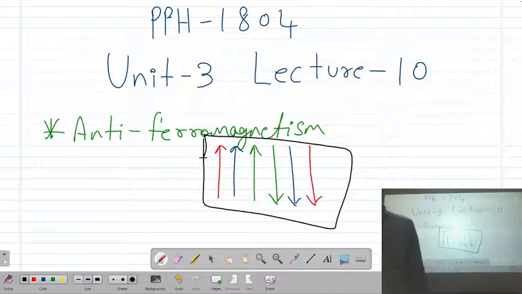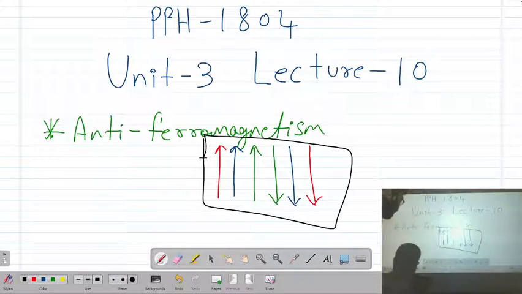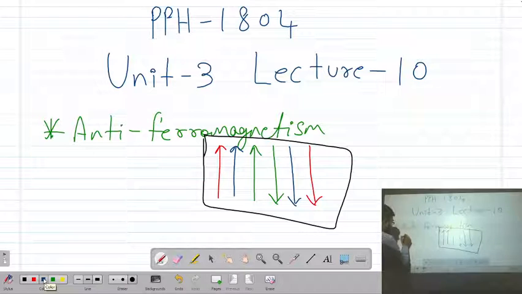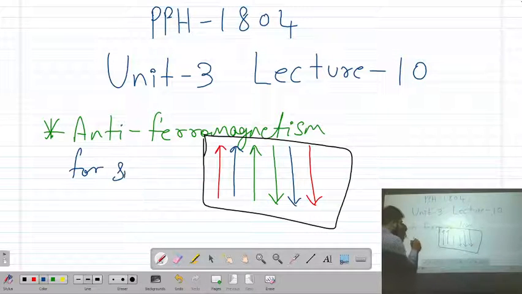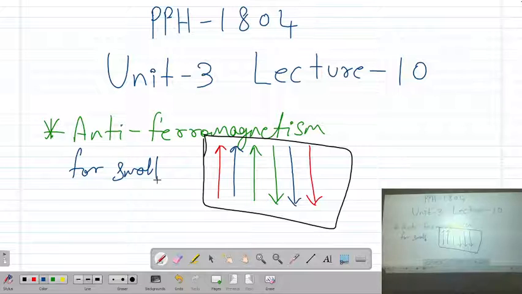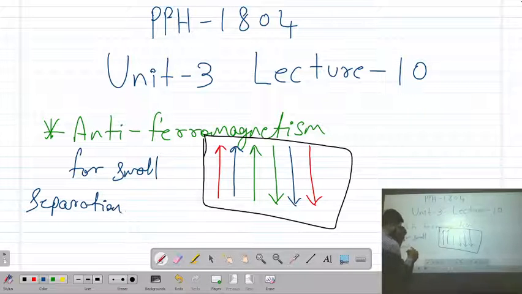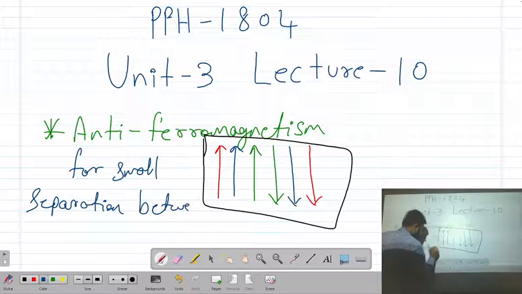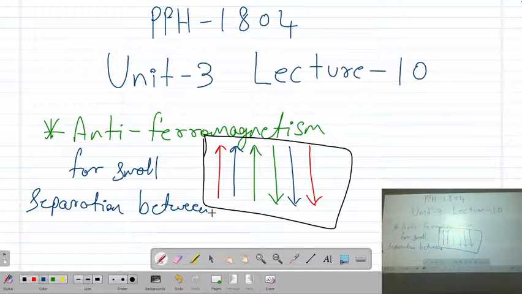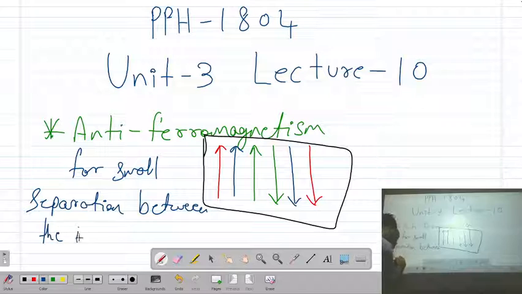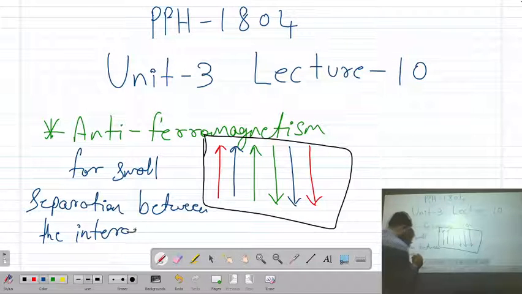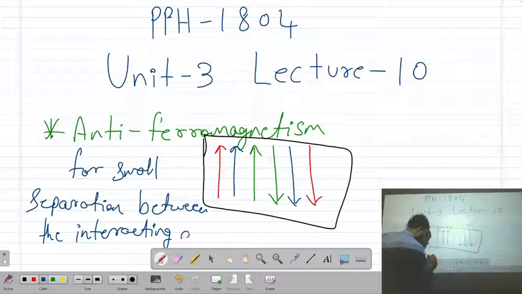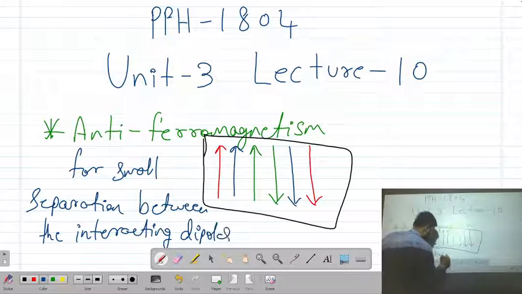Now remember, this happens for a small distance or separation between the interacting dipoles.